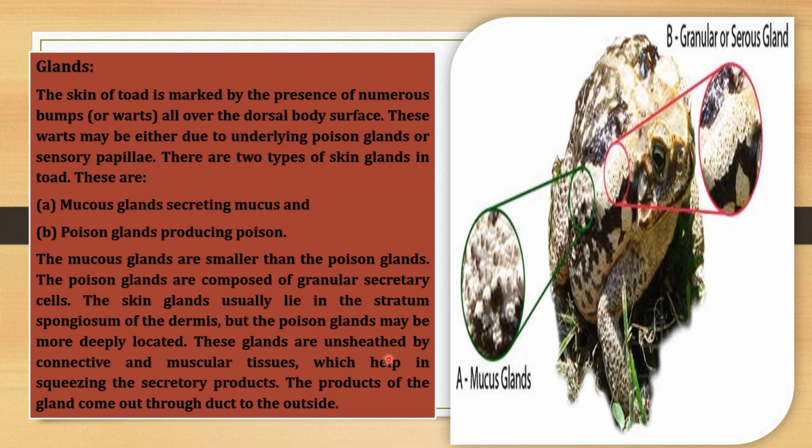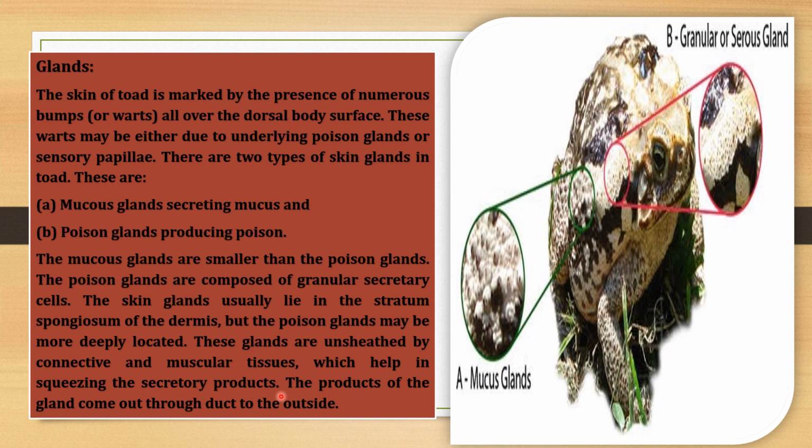These glands are unsheathed by connective and muscular tissue. Unsheathed means no covering is there. These glands don't have any covering, so by connective and muscular tissues which help in squeezing the secretory products.